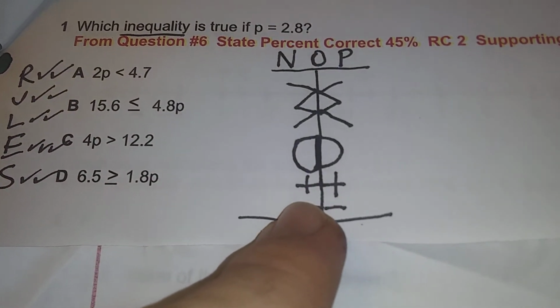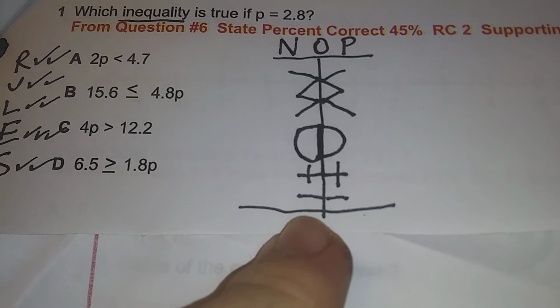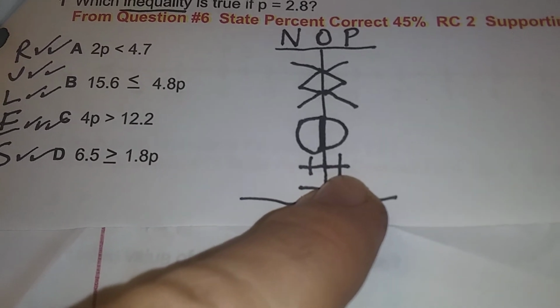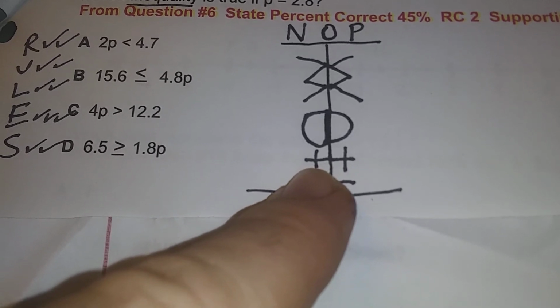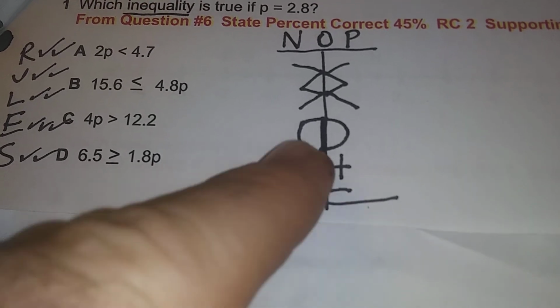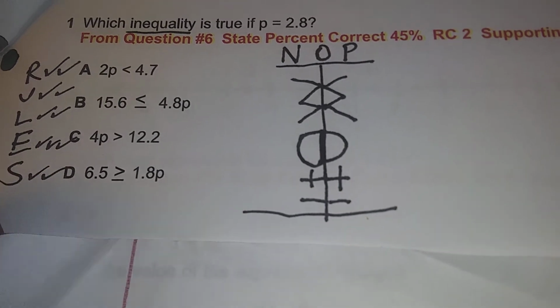But look what happens if you add or subtract with negative numbers. The plus on one side of the mirror looks exactly the same as the plus on the other side. Same thing with the minus. So you only have to flip the signs when you're multiplying or dividing by negative numbers.